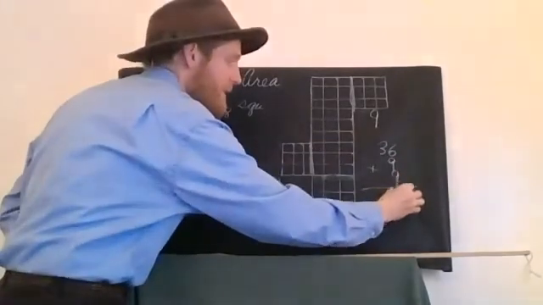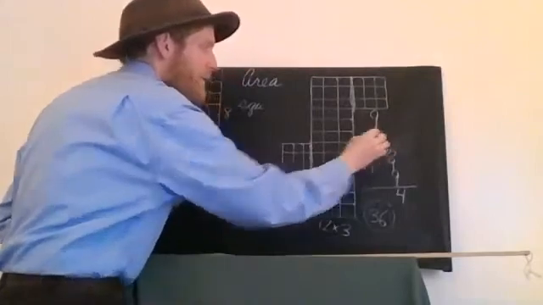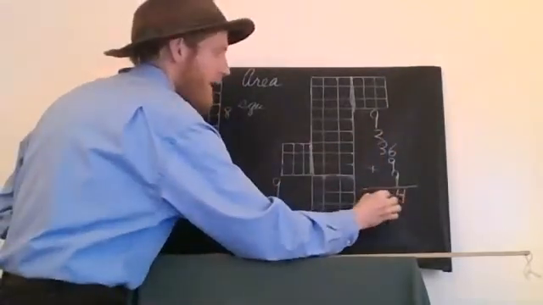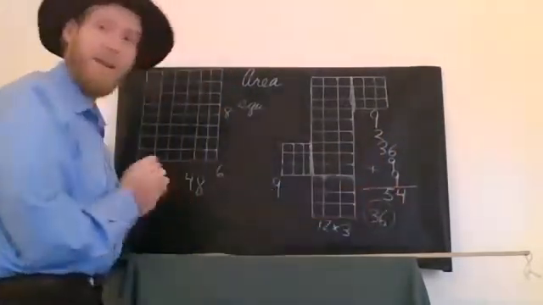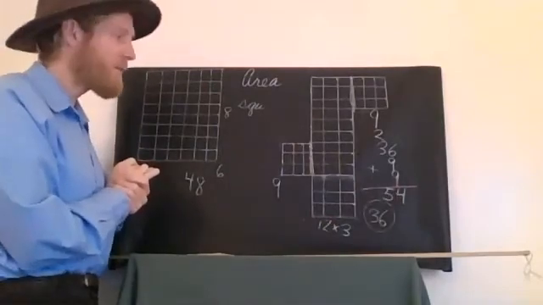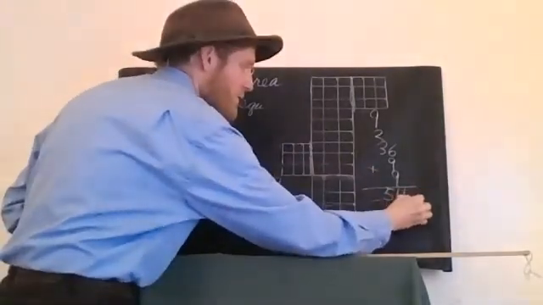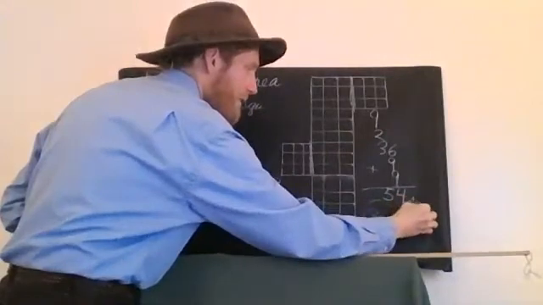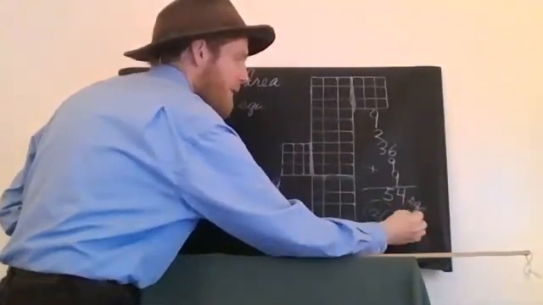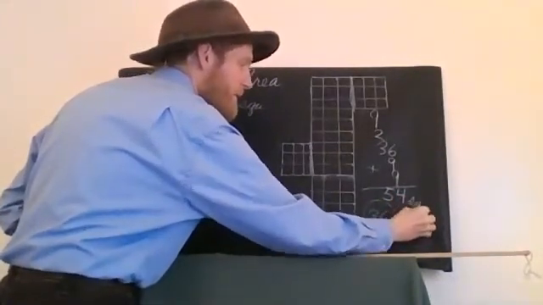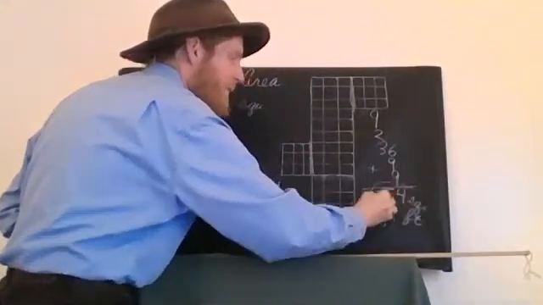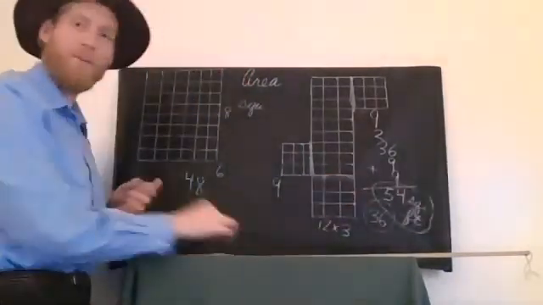Plus 36 is 54. And I could write, for my answer to that one, 54 square feet. We're just going to make it simple and say feet. That would be the answer to my area problem.